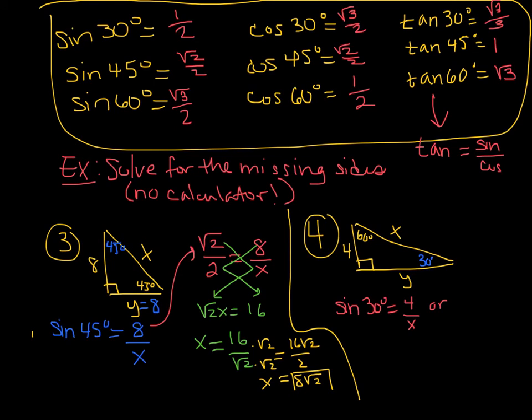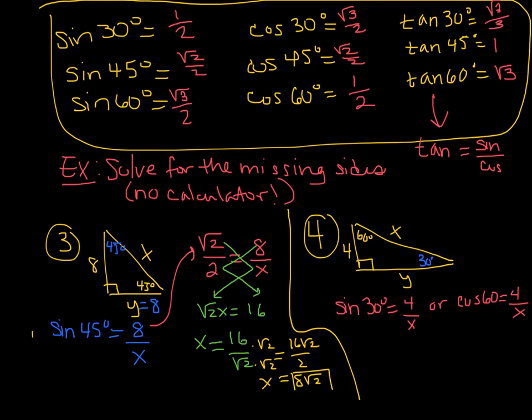For the 60 degrees, the 4 is adjacent to it. So I can use cosine of 60 equals 4 over x. And believe it or not, doing these 2 methods will give you the same exact answer. The reason that will work is because sine of 30 and cosine of 60 are equivalent.